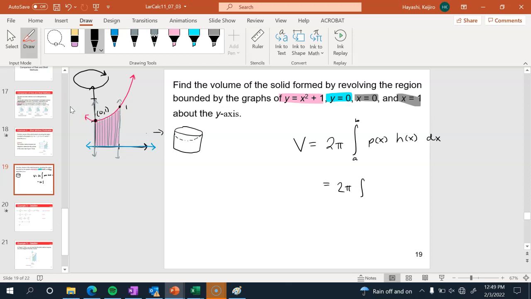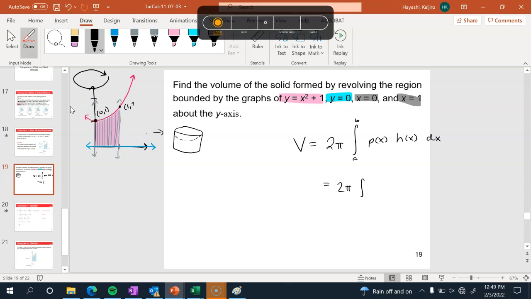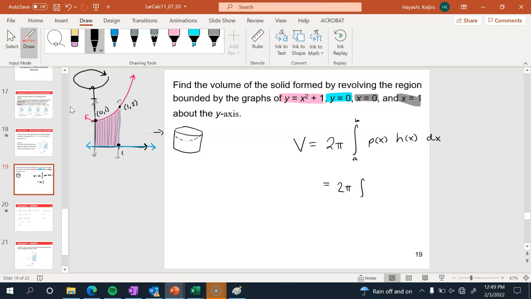This is going to be (1, 2). This is going to be (1, 0), and this is going to be (0, 0). Not all of them are going to matter, but in terms of the region that we're integrating, we're doing this dx, so from x equals 0 to x equals 1.